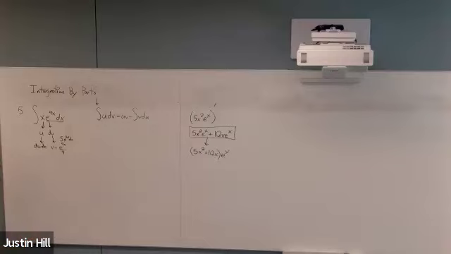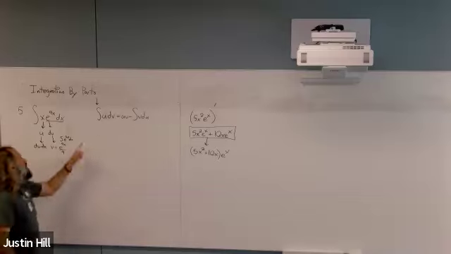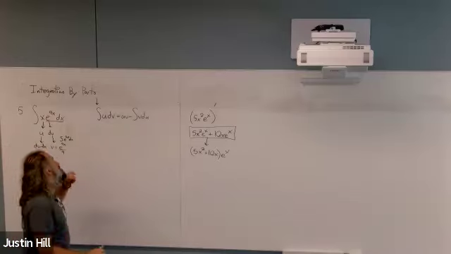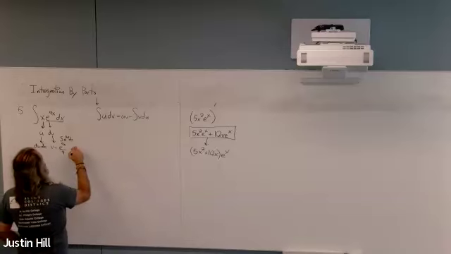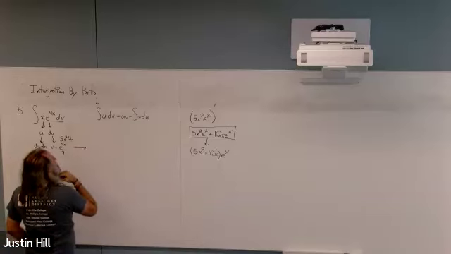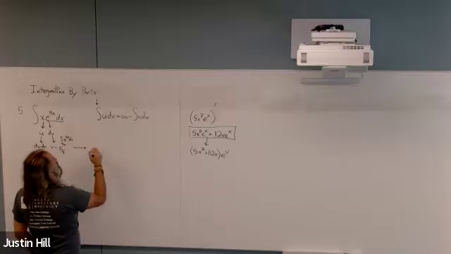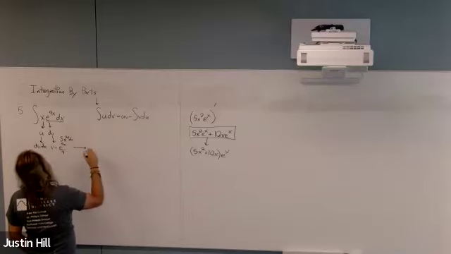Good. So you pick your u, you pick your dv. The second step is to figure out your du and your v. Then we start filling in. My integral is going to be uv.